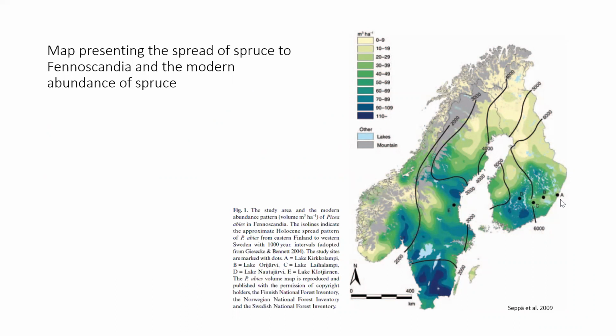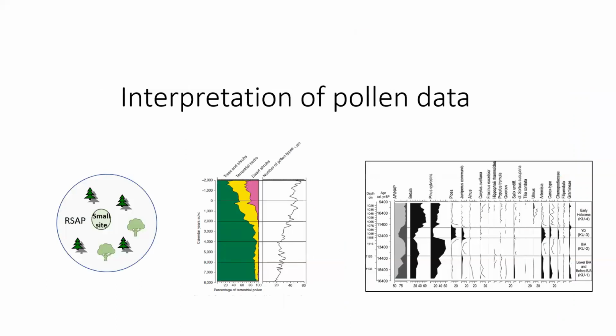Basically, pollen records from a transect from east to west show when spruce appears in the pollen, and based on that they've interpreted the migration of spruce through Fennoscandia. This is presented on the map. It could also be presented in several pollen diagrams, but this is one way of visualizing it.